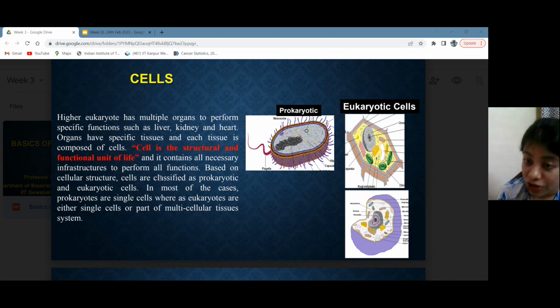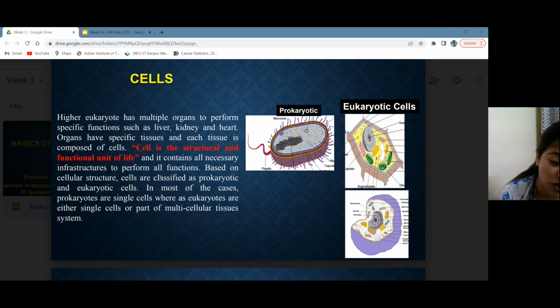On the other hand, the functional unit of life means that for a living organism, all of the basic processes which are necessary for its survival, which includes its ability to breathe, to respire, to metabolize, digestion, excretion, respiration, all of these processes are carried out by either an organ or an organ system, right?